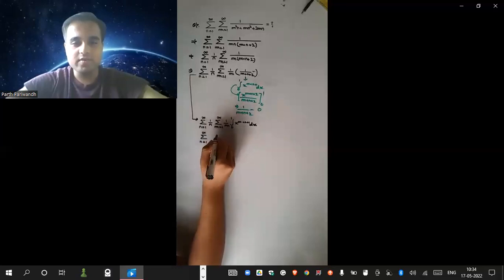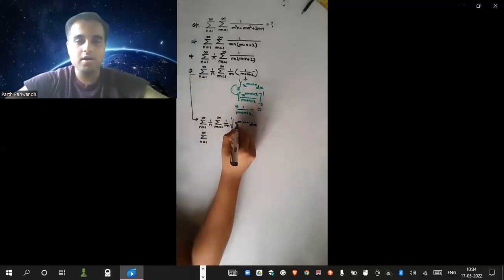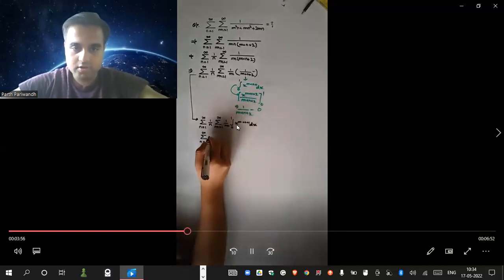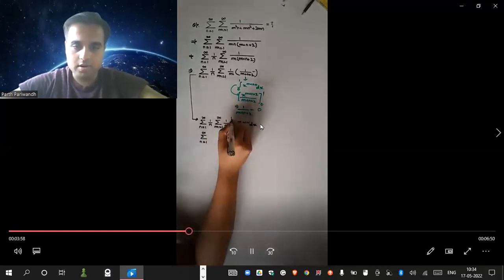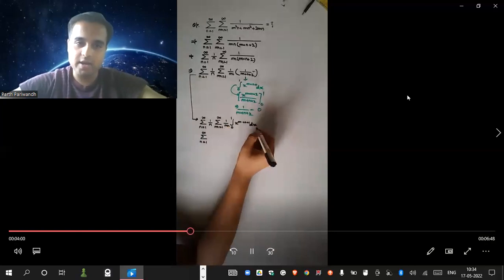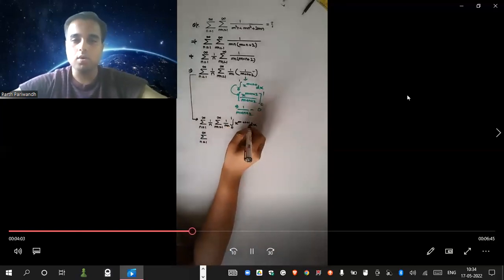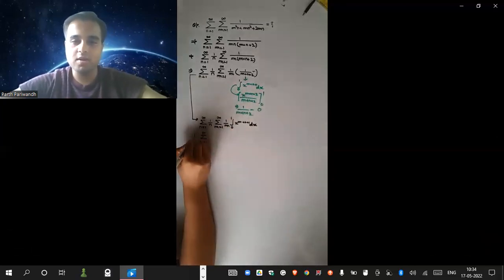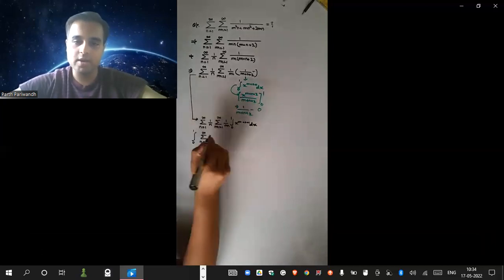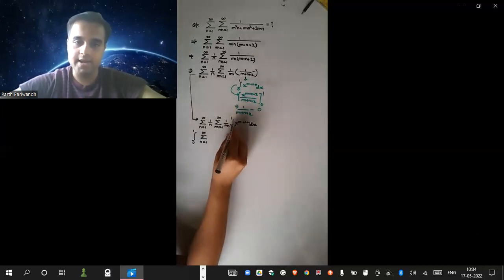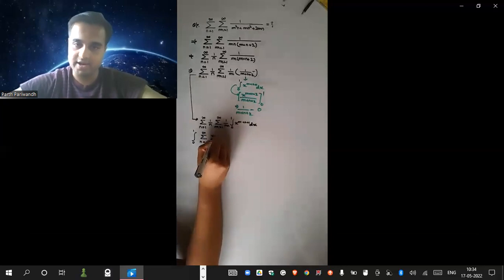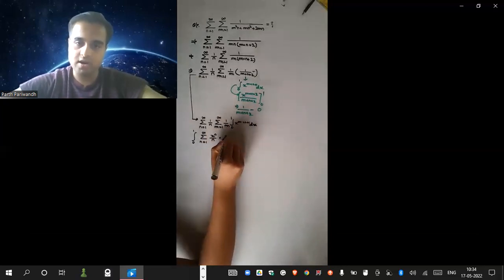n equals 1 to infinity. All right, so now we need to notice this thing. Here x to the power of m is being noticed. We all know that m and n are independent with respect to each other, so we can simply take the integral part outside, because the integral part depends upon x, and m and n are completely different. X, m, and n, all these three variables are independent from each other.